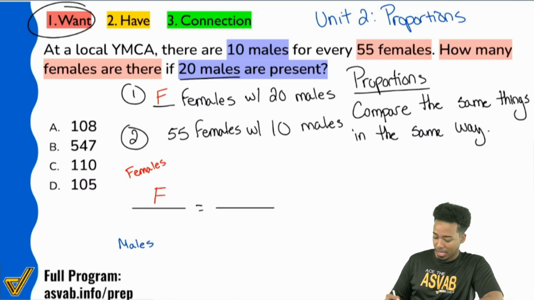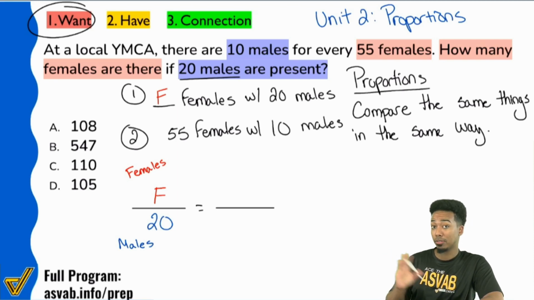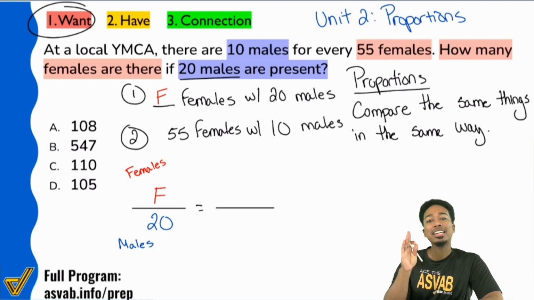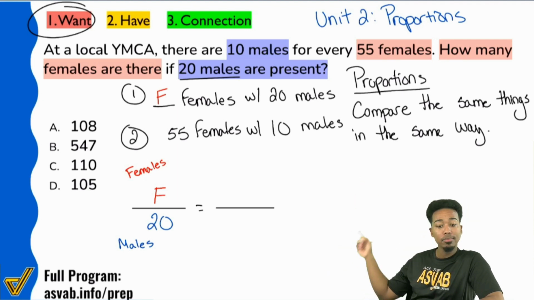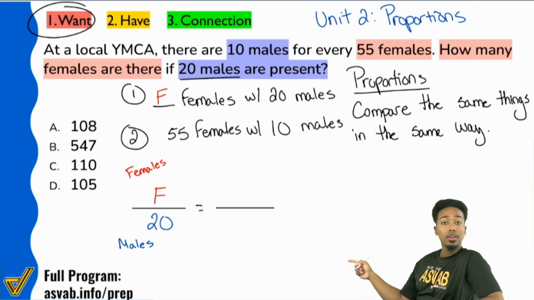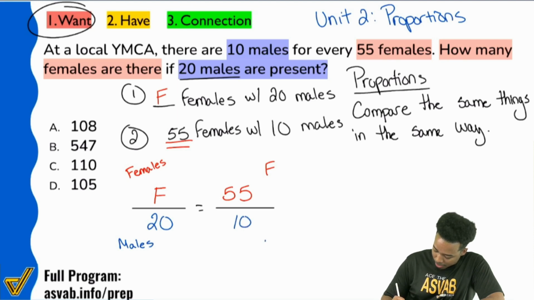I don't know how many females that is, that are with 20 males. And I have to compare it the same way. Again, we're comparing the same things, males and females, but do it in the same way. Females up top, males on bottom. Over here, it's going to be females on top, males on bottom. So we'll have 55 females on the top, right here. And then the 10 males on the bottom.